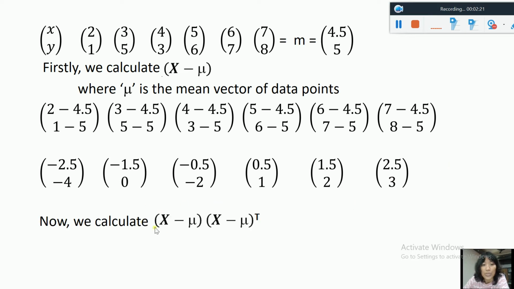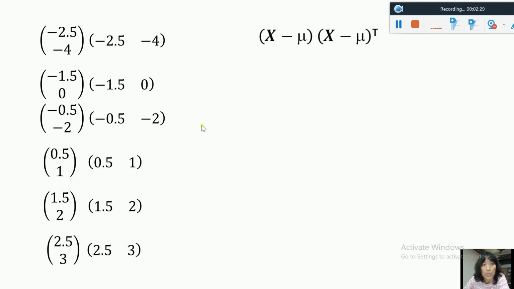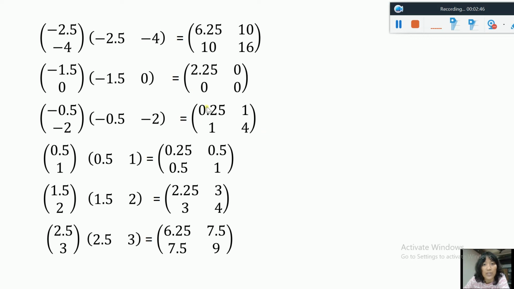Now I need to calculate the projection, or multiplication, of the matrix and its transpose. So here I calculate minus 2.5, 4 and its transpose, minus 1.5, 0 and its transpose, minus 0.5, minus 2 and its transpose, and so on. After solving this, I have these matrices.